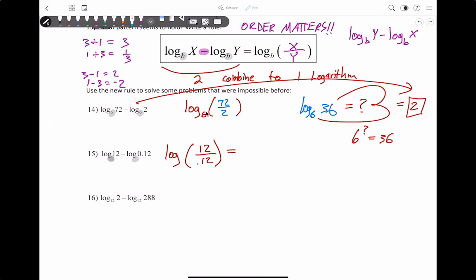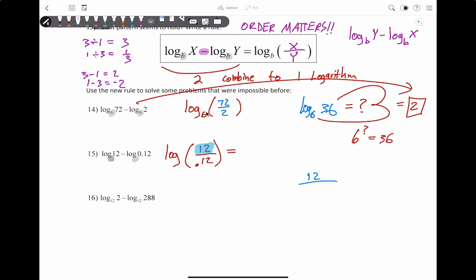Okay? So let's see how we can work this by hand, simplifying these values. So let's go ahead and change 0.12 into a fraction, again with the premise that we're doing this by hand. 0.12 is the same as 12 100ths. So let me write it out: this 12 is divided by 12 100ths.